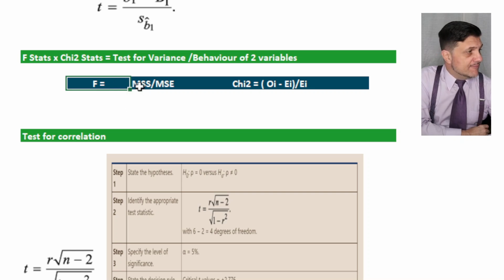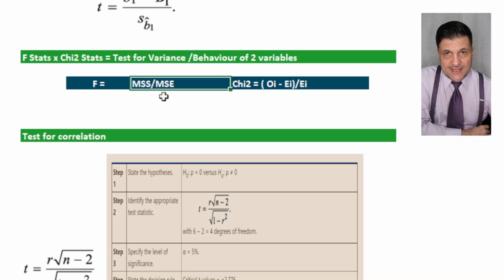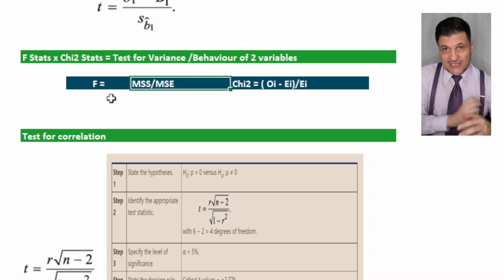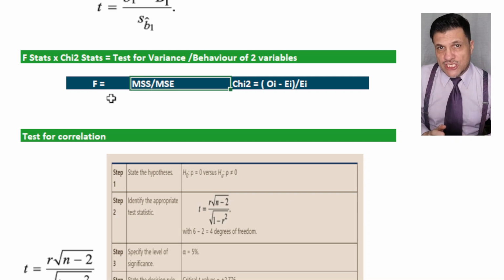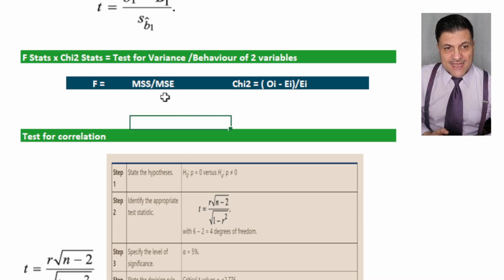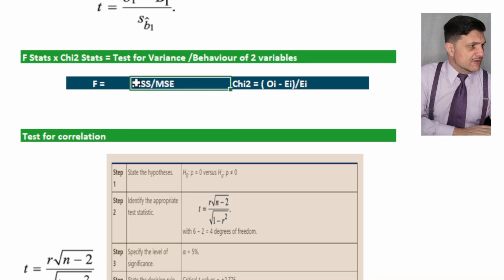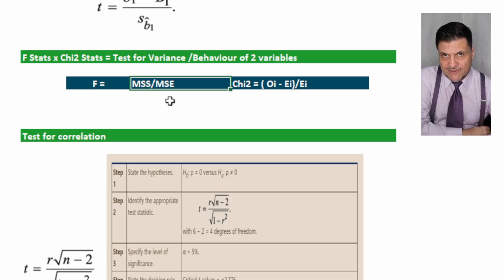So the intuition behind the F-test is if I have a lot of good deviations in the numerator and very few bad deviations in the denominator, my F is going to be very large, and I will reject any hypothesis that I stated in that case. Okay, just leave this for now because we're going to talk about this when we arrive in linear regression.